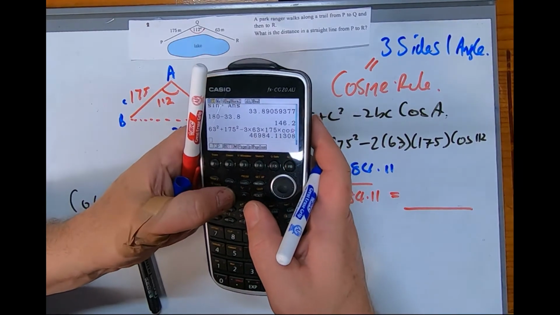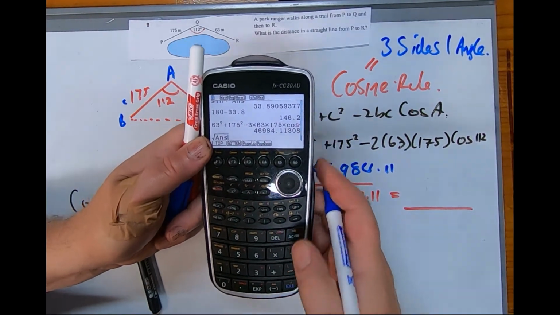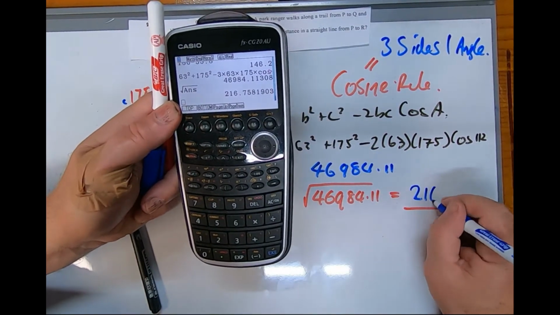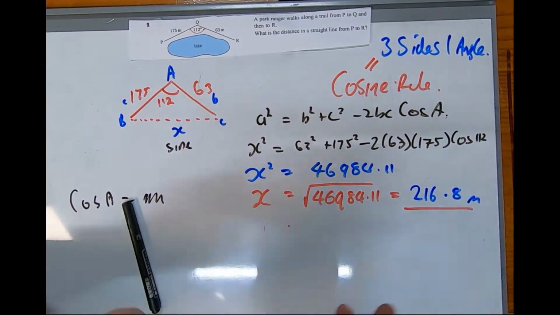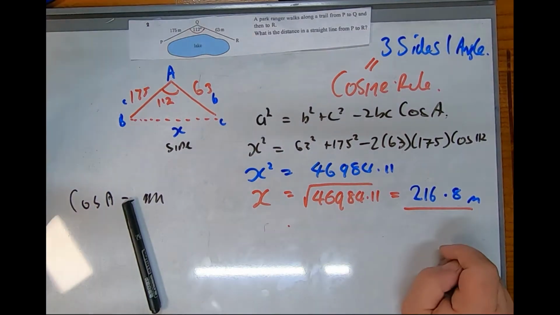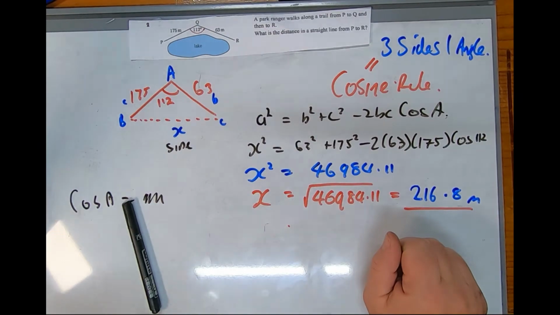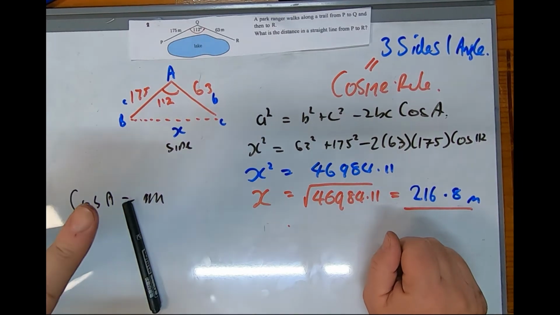So, shift, square root, shift, I want to use that number there, answer, enter. So, it's 216.8 meters, or even 217 to the nearest meter due to the nature of the question. Well, nailed that one. What's next?